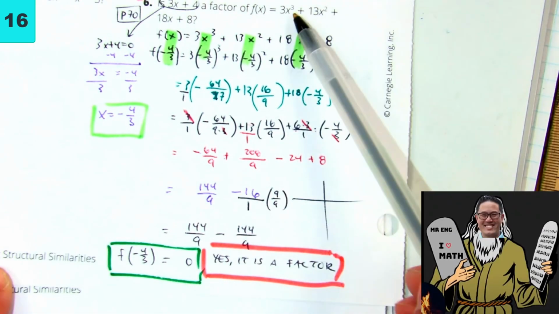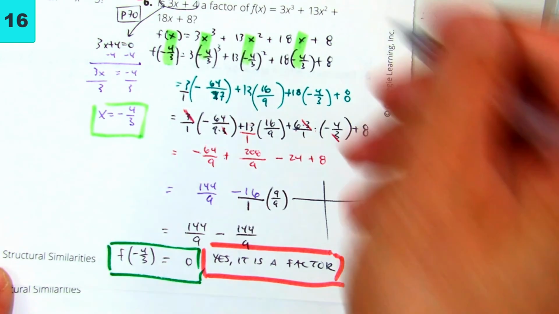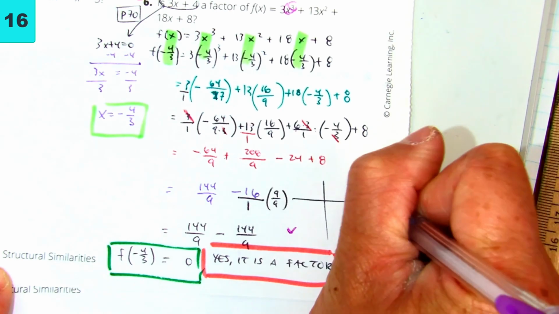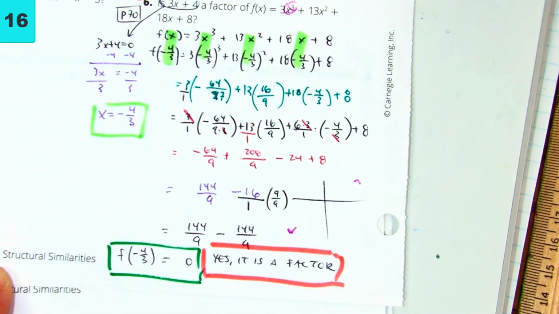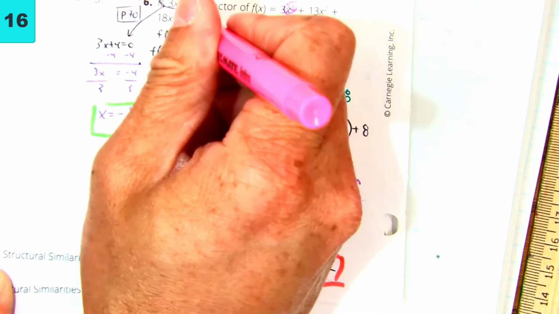So that is an odd degree, so that means that based off of this number here, I'm going to start down and up. To improve on the accuracy of your graph, I have a y-intercept of plus 8.